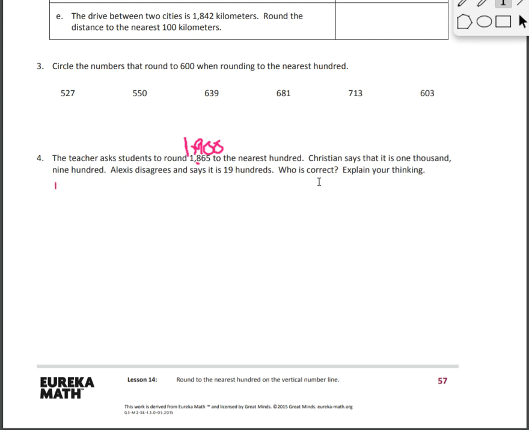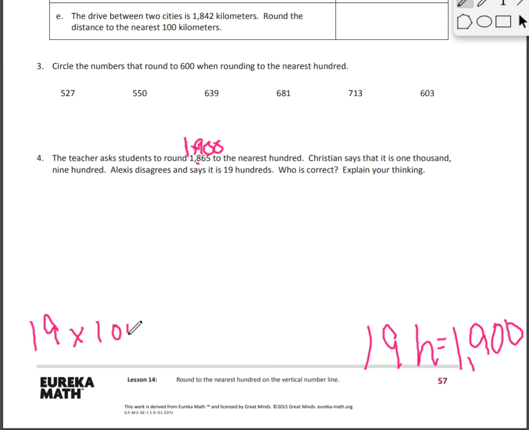So, who is right? Here we have 1900s. If we were to count by 100 19 times, we would have a value equal, I'm going to say 19 hundreds equals 1,900. We can check this. We can do 19 times 100.